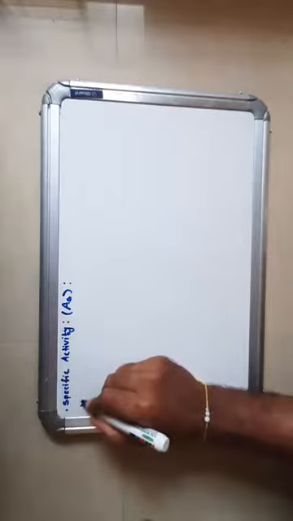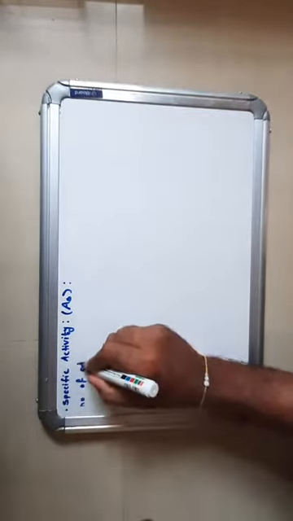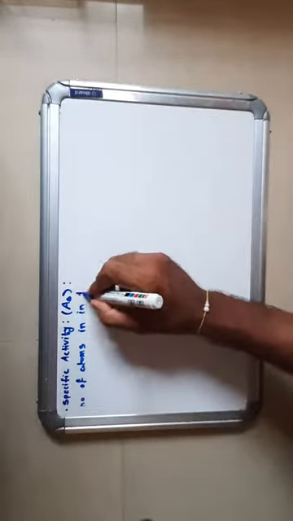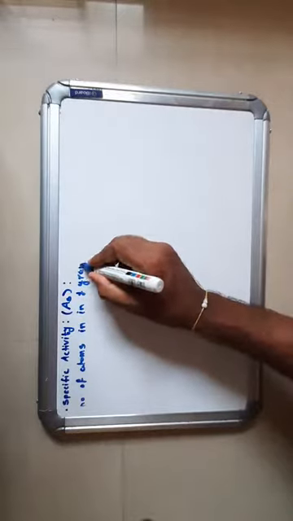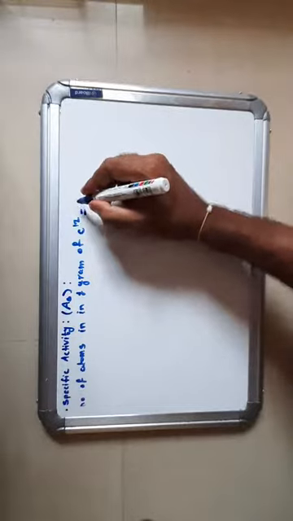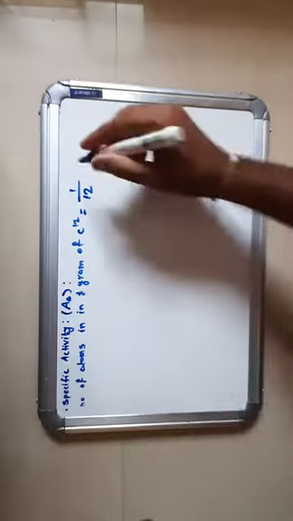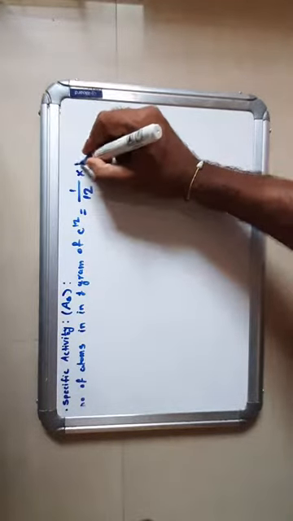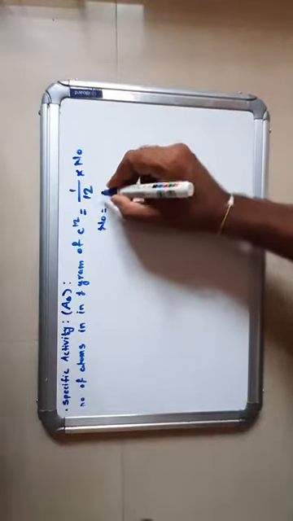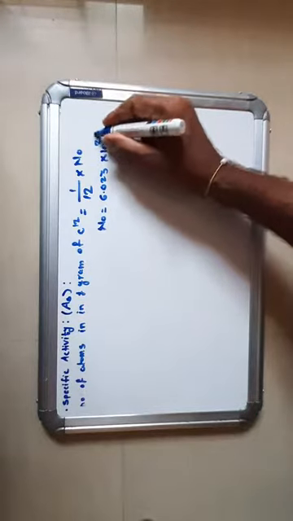That means the number of atoms in 1 gram of C12 is 1/12 into N naught, where 12 is the atomic weight of carbon and N naught is Avogadro's number, where N naught is equal to 6.023 into 10 raised to 23.